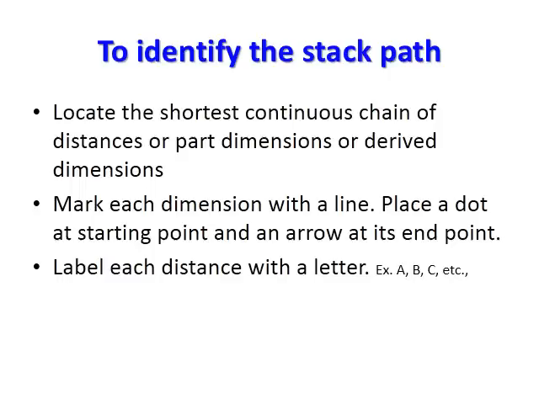To identify the stack path, locate the shortest continuous chain of distances, path dimensions or derived dimensions. Mark each dimension with a line, place a dot at the starting point and an arrow at its end point. Label each distance with a letter, example A, B, C, etc.